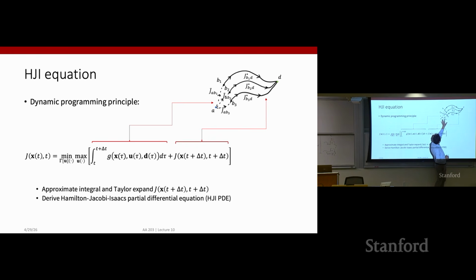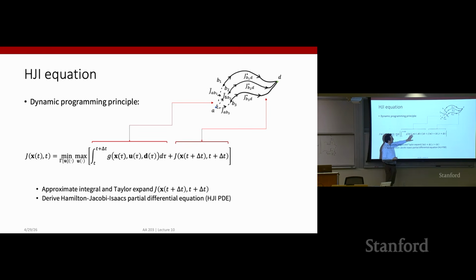You just concatenate the initial segment with the optimal tails, and you compare the three control sequences that arise from these concatenations. So here I'm enforcing the principle of optimality in this decomposition of the cost.